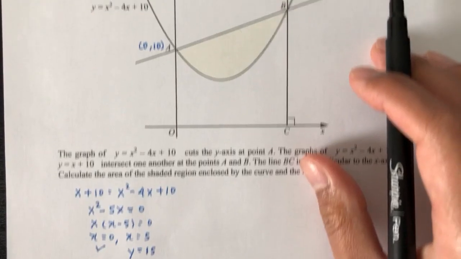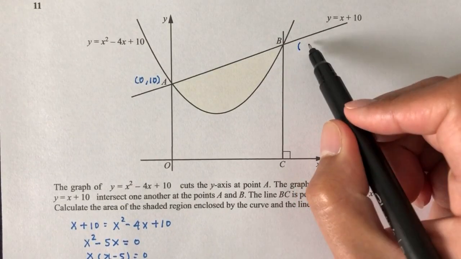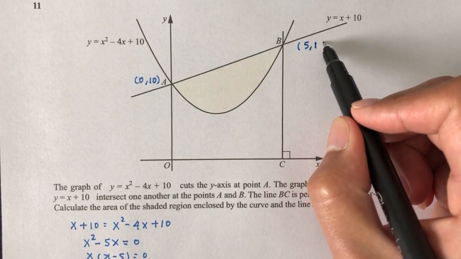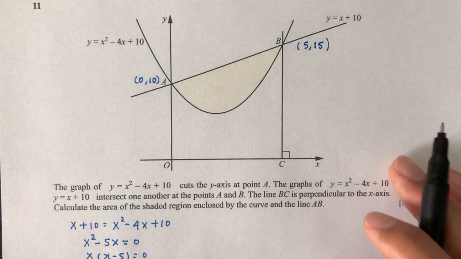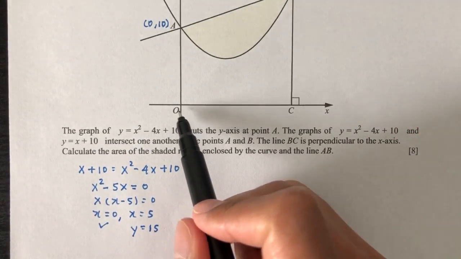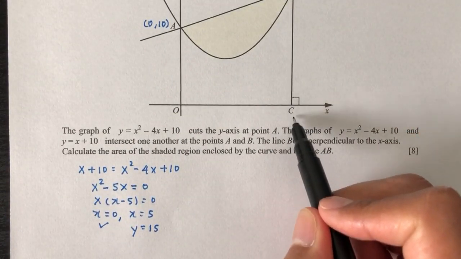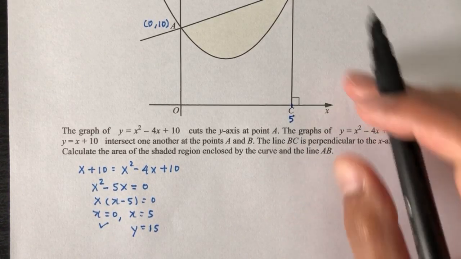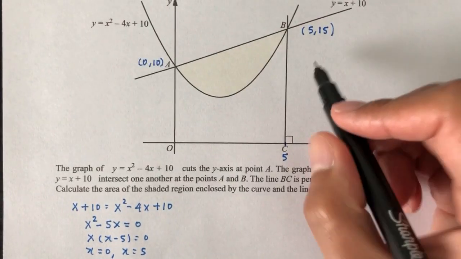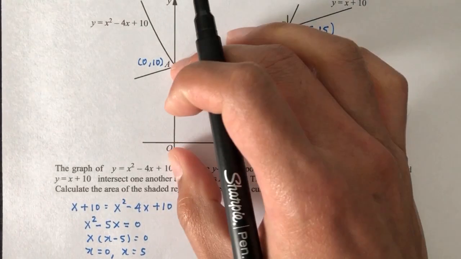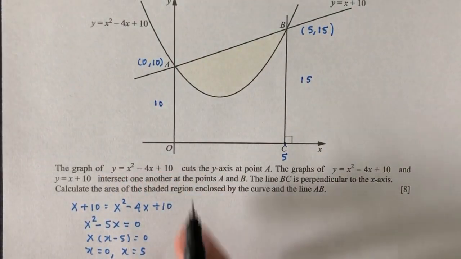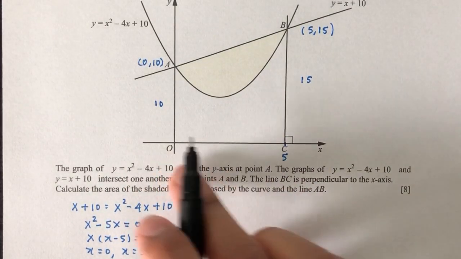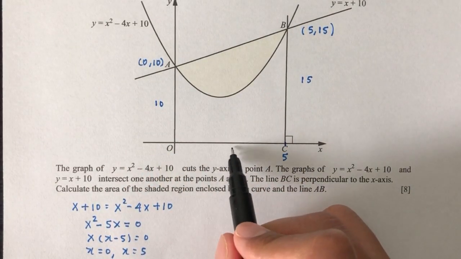So point B here is 5, 15. So basically what we know is that this point is 0, this line here is 5, the height here is 15, and the height here is 10. So this is the length of 5.